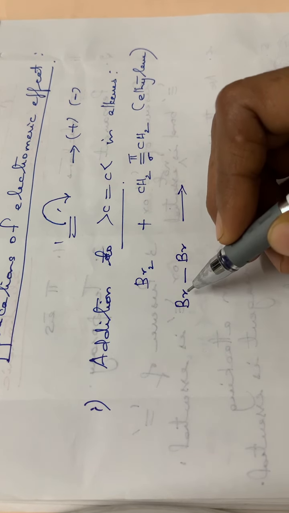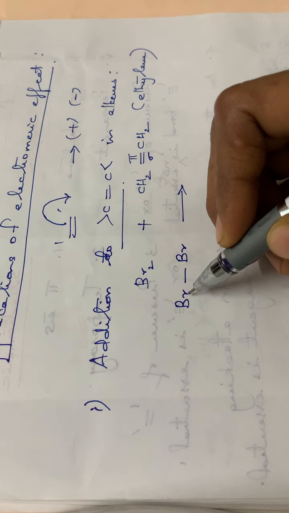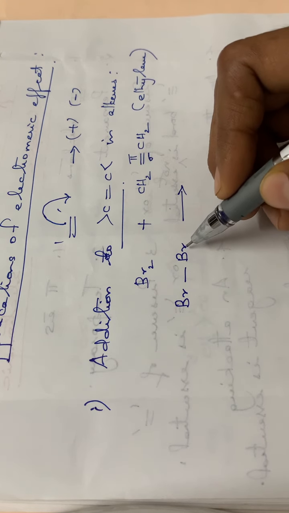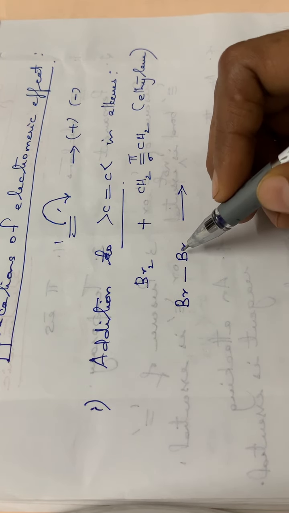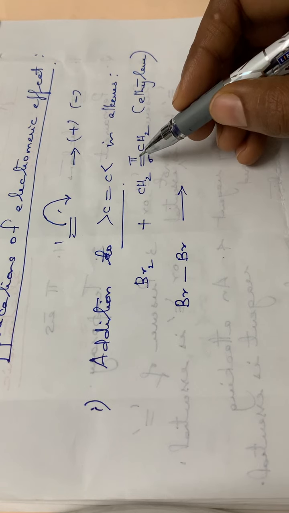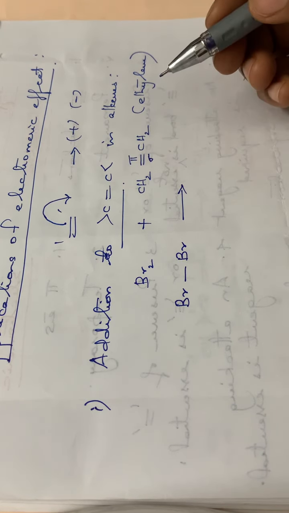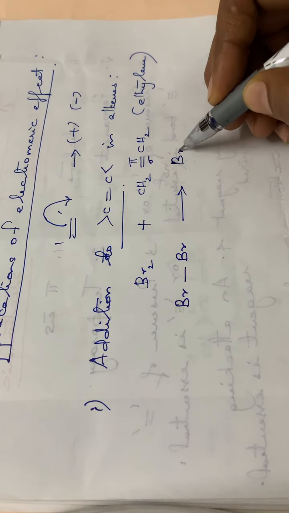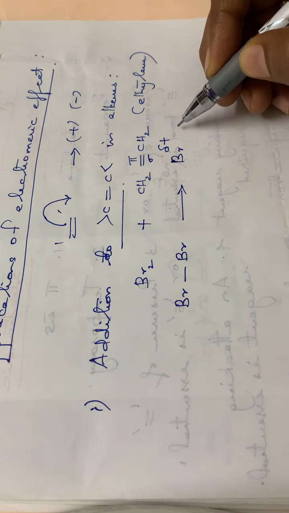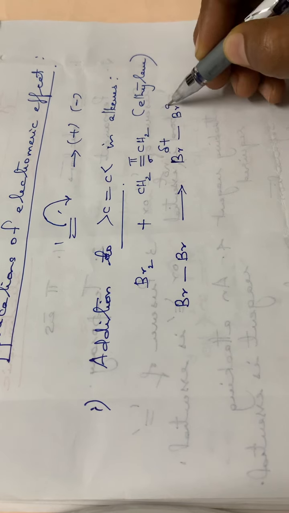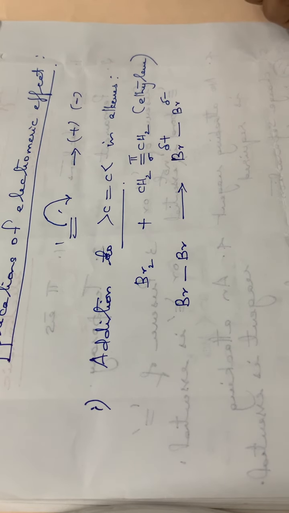One of the bromine atoms will get a partial positive charge and the second atom will get a partial negative charge. This polarization of the bromine molecule is due to the presence of the pi electrons in the ethylene molecule. So one Br will have delta positive and the second Br will have delta negative charge.